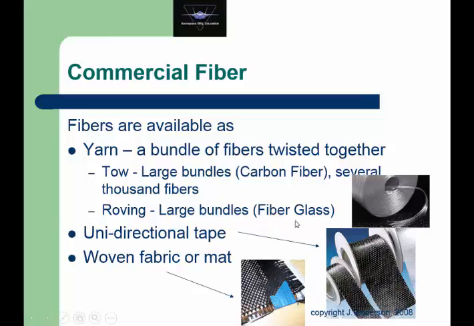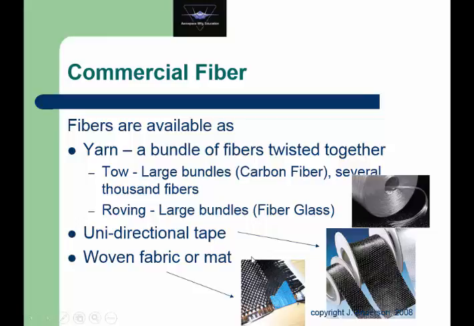If we're using fiberglass or glass fibers, and we have large bundles of several thousand fibers, we call it a roving. So it's a different terminology depending on whether you're using carbon fiber or fiberglass.